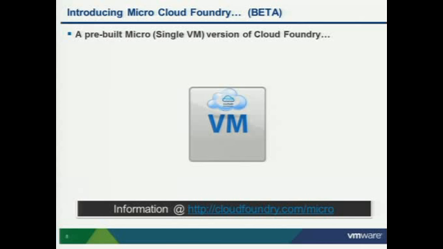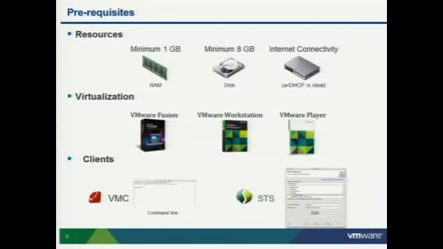And you can see the information URL. That is the entire Cloud Foundry stack in that single VM. These are the resource requirements that VM will use. You'll see a minimum of 1 gig of RAM, 8 gigs of disk space, internet connectivity. You can use Player, Fusion, Workstation, and you'll ultimately need a client, either the VMC command line tool, which requires that you have Ruby working.